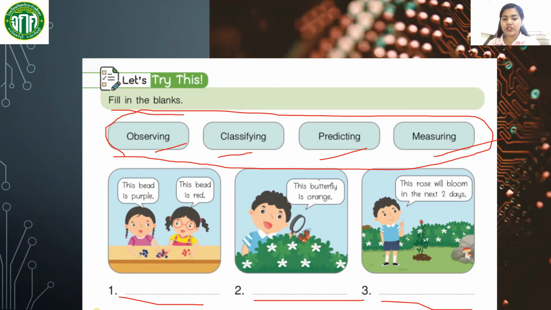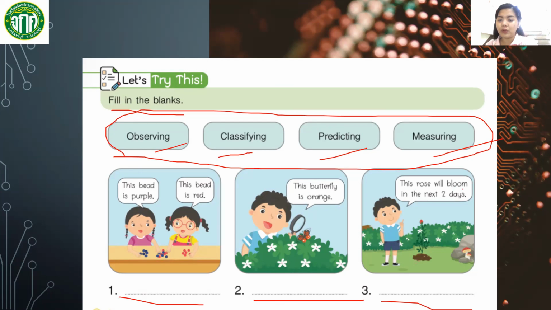In number 2, the boy here is looking at a butterfly using the magnifying glass. This butterfly is orange. Choose the proper answer. And in the last one, what do you think the boy is doing?